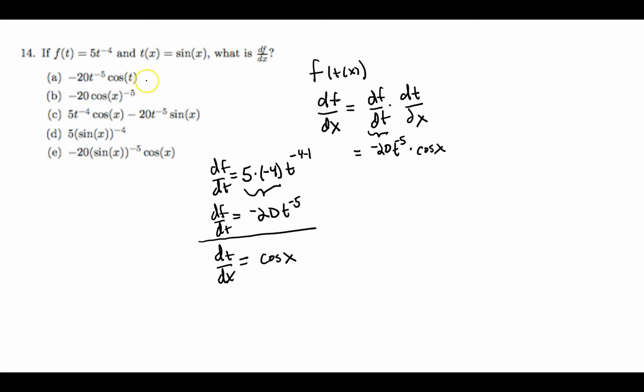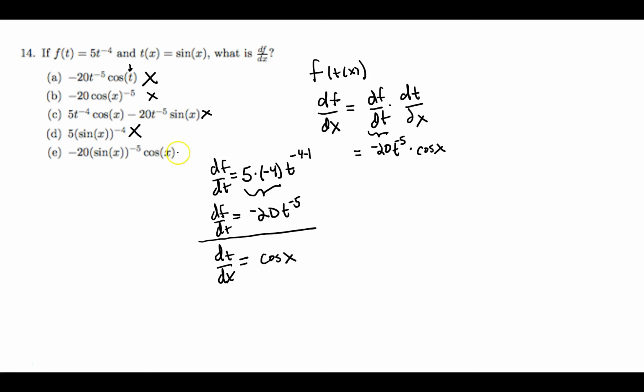I guess our answer is not A because there's a t inside of there. It is not B for sure. These two different parts, that's thinking about product rule or something. I guess this letter D is just a rewrite of the original function.